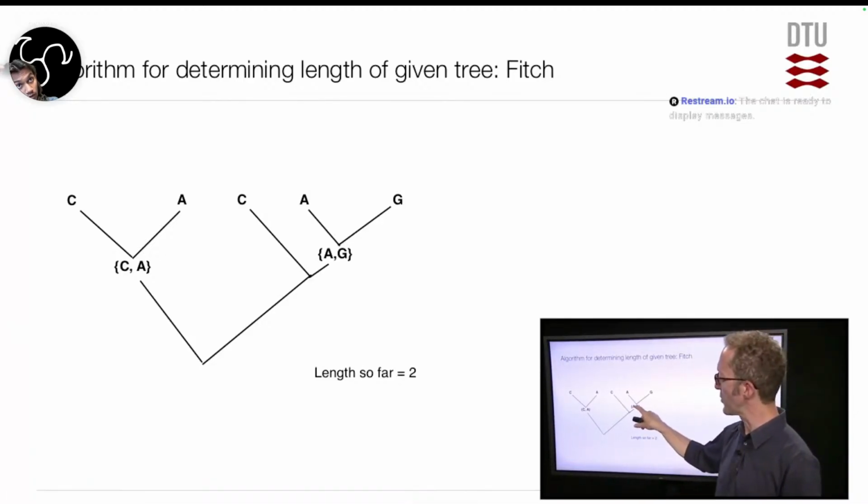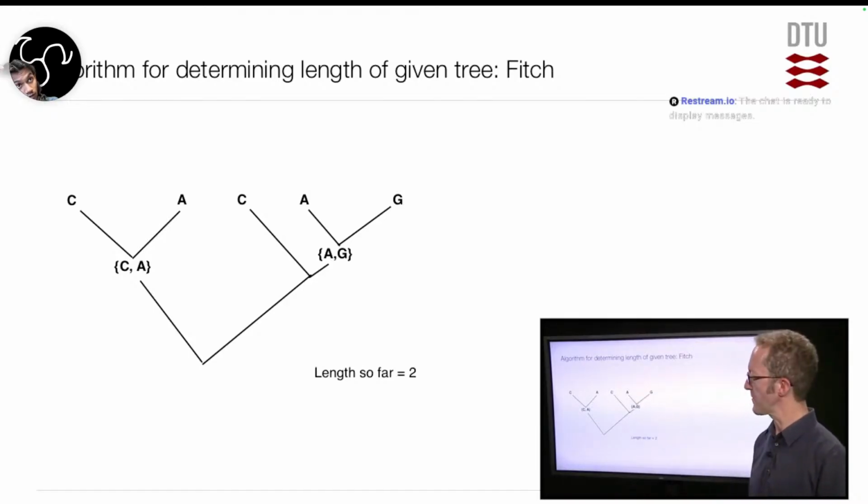No matter what the ancestral nucleotide was here, there must have been 1 mutation.